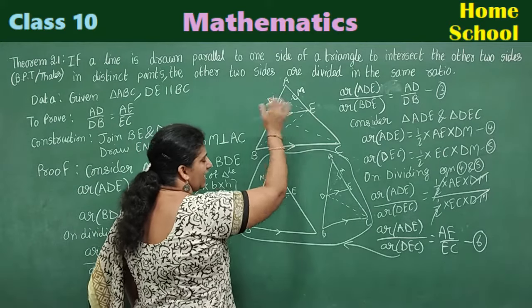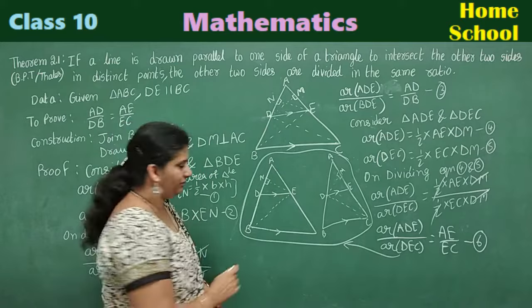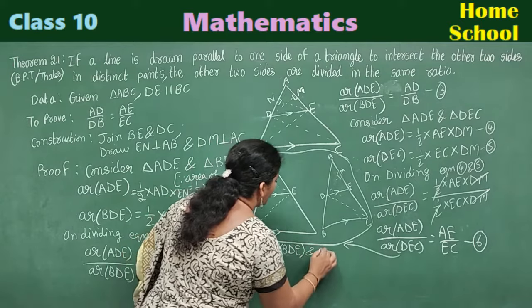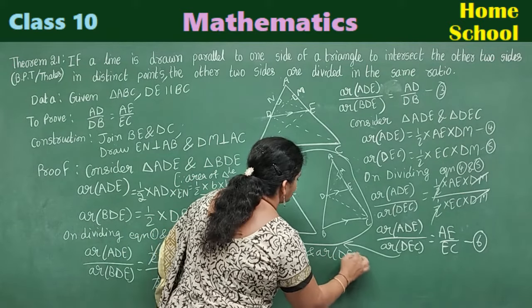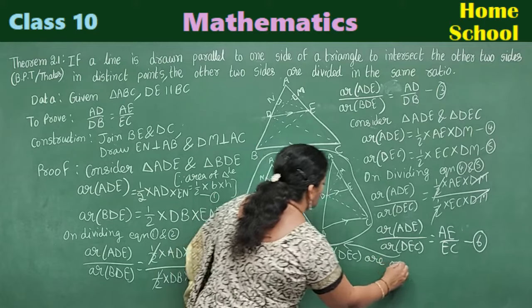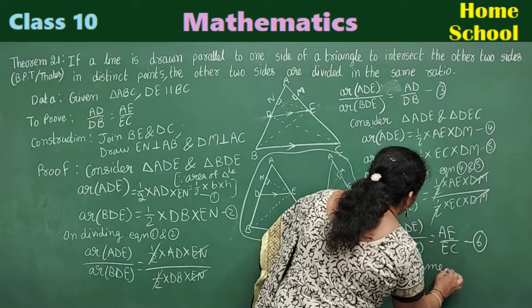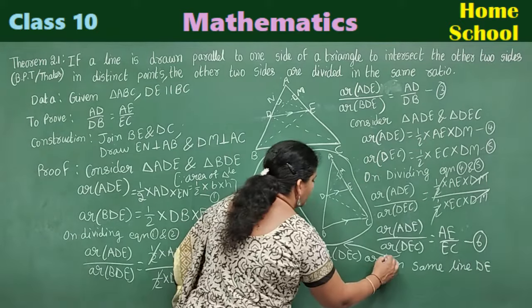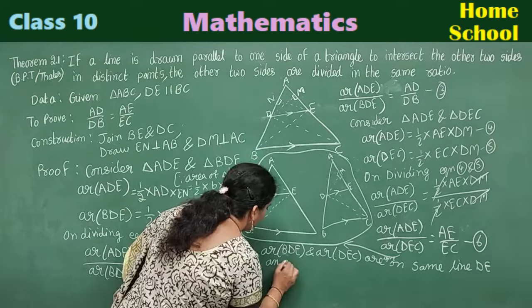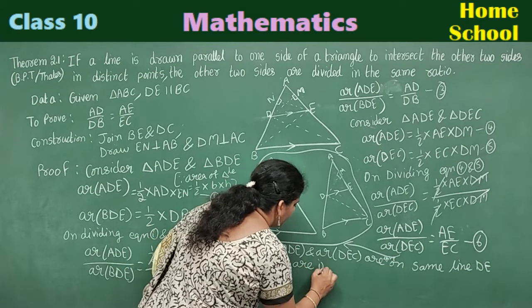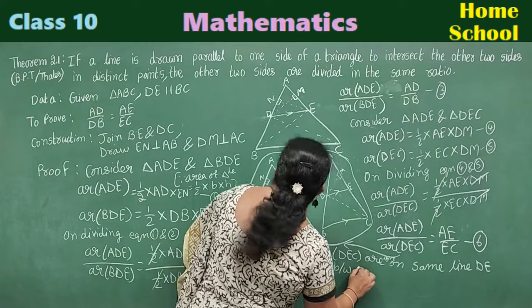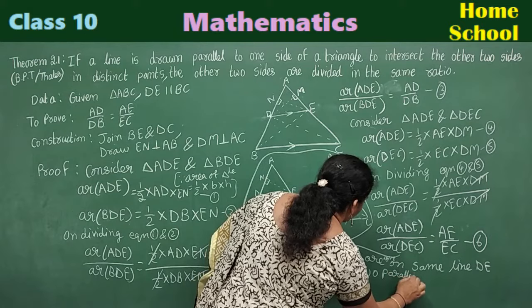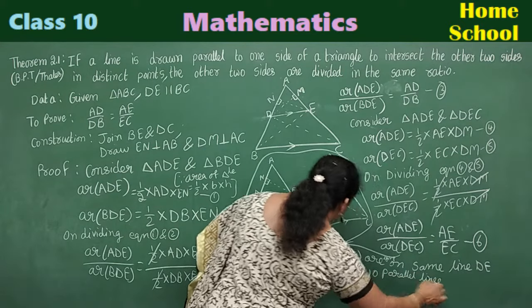BDE and DEC are lying on the same line DE, and are in between two parallel lines.